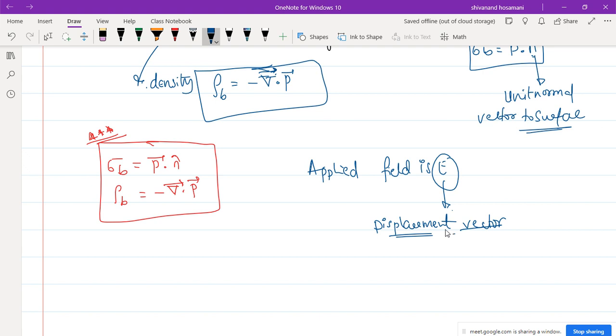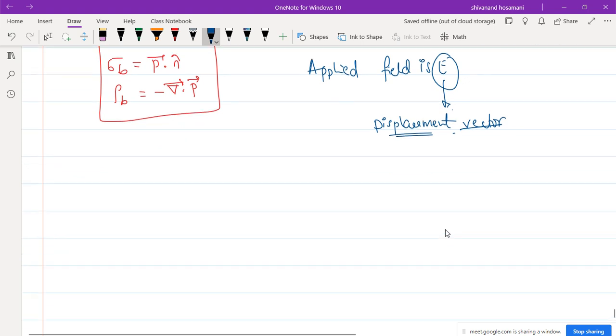In case of dielectrics, Gauss law is defined in terms of the displacement vector, that is the d vector.